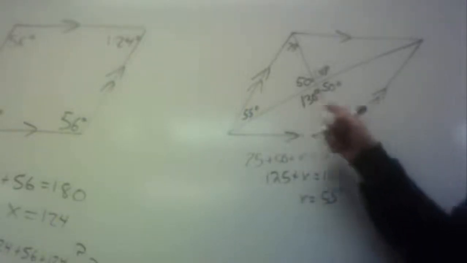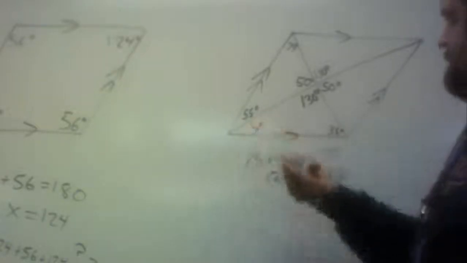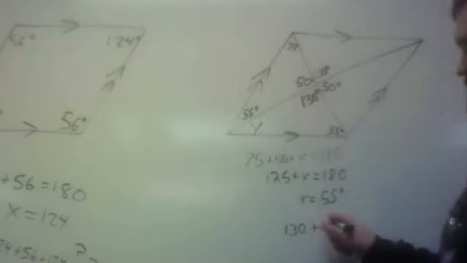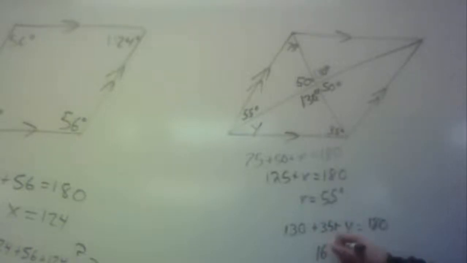Ooh, I could do the same thing down here. Well, let's call this one y. 130 plus 35 plus y has to be 180. 165 plus y has to be 180. Y has to be 15.